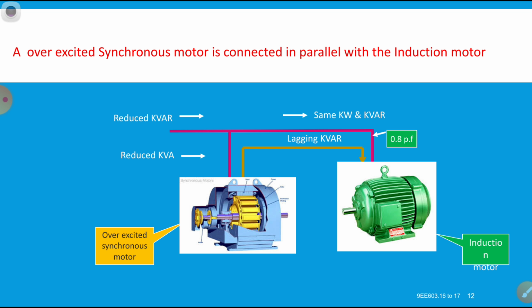Locally it will supply to the induction motors, so overall system performance increases. You can see, due to this, whatever kVAr is reduced, the kVA in the industry is also reduced, and the same kilowatts and kVAr are supplied to our induction motors from our local synchronous motor.